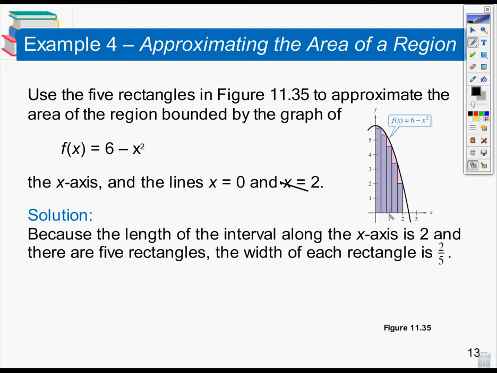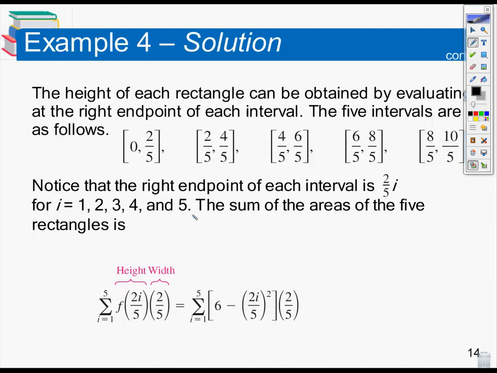If I want the height at 4/5, I need f of 4/5. If I want the height at 6/5, I want f of 6/5. So hopefully that idea makes sense there. So we have the width being 2/5, the height being f of that value. And this is where that 2/5 times whatever rectangle we're looking at comes into play. Okay, because I need a way of expressing every single rectangle without explicitly showing it every single time.